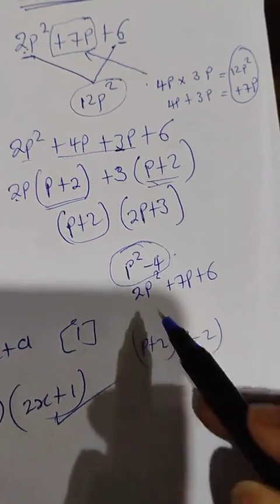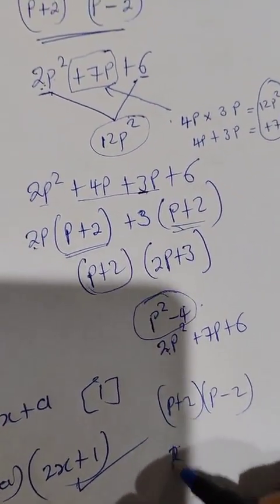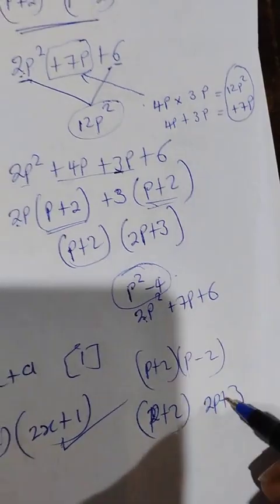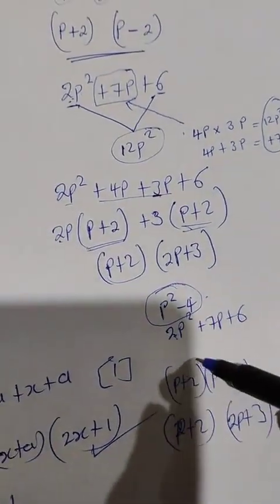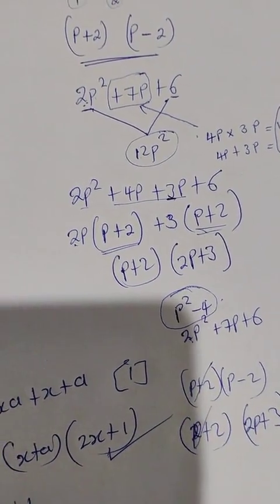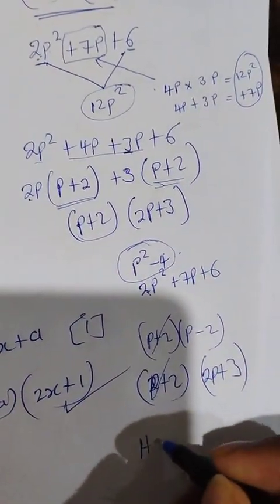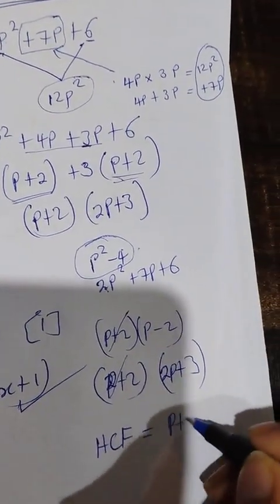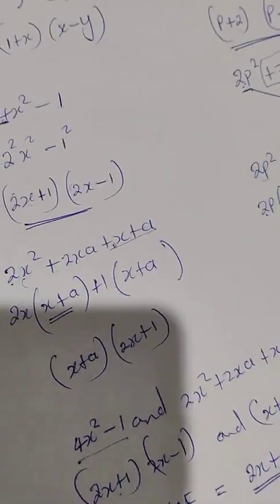The factorized expression of this one was p plus 2 and 2p plus 3. So what is common? It's p plus 2 and p plus 2. So our HCF is equal to p plus 2. So that's the HCF of these two expressions.